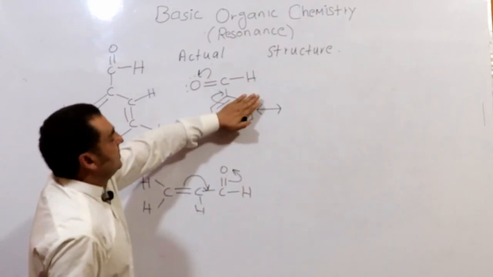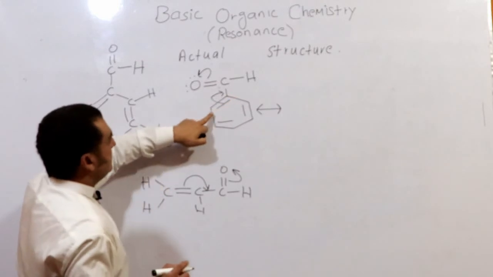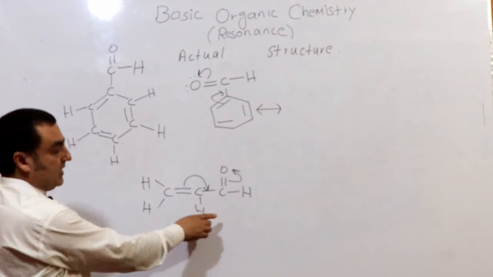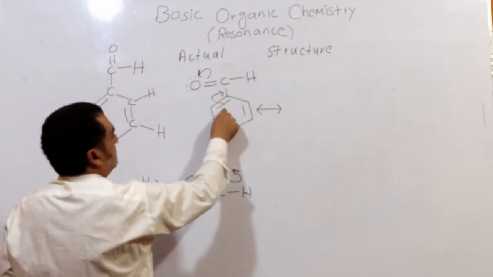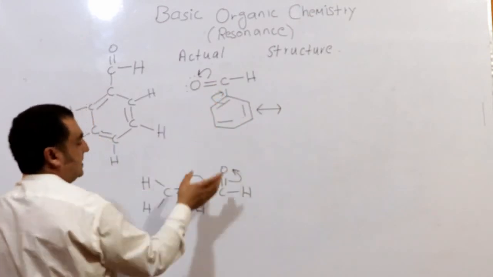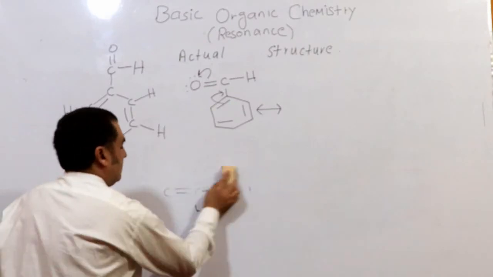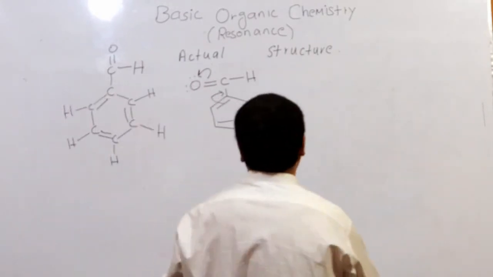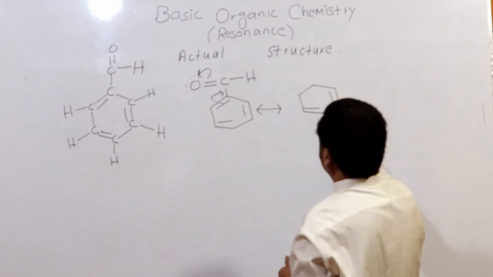And if you don't consider the other part, this portion of the aldehyde and this portion is just like this thing. From here you go there, just like an alpha beta unsaturated aldehyde. So it will make this structure. Now the electrons will move to the oxygen. I should write those electrons in their place.